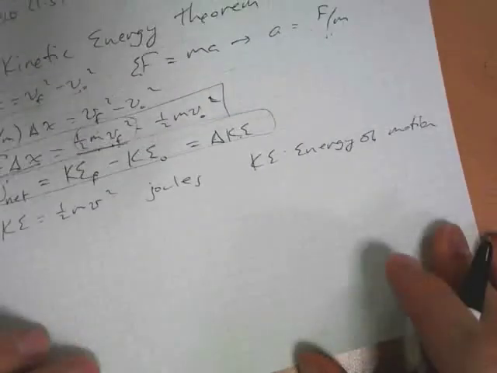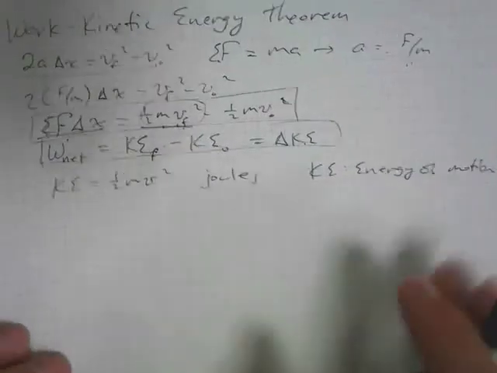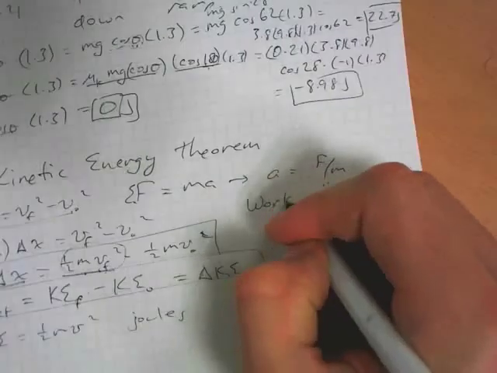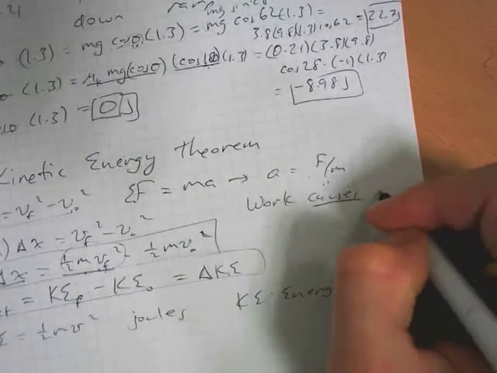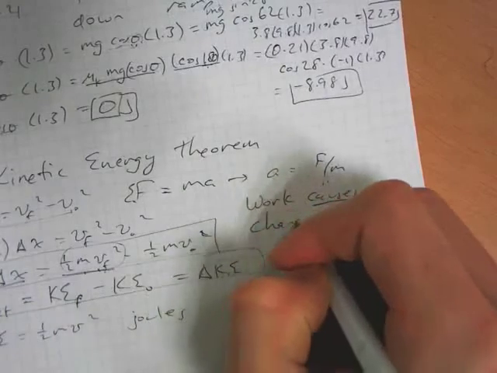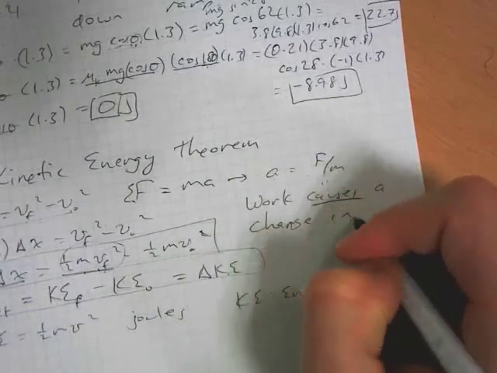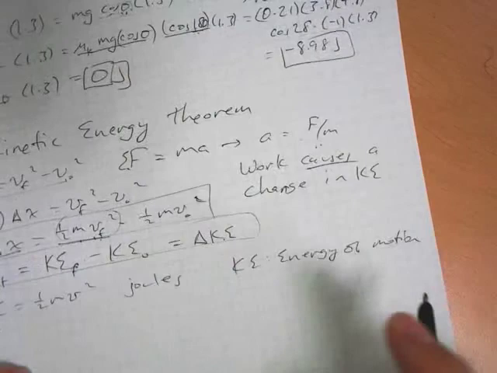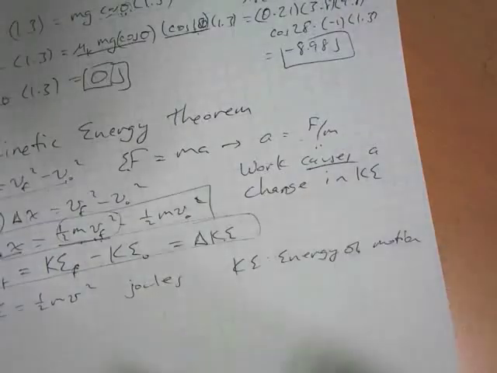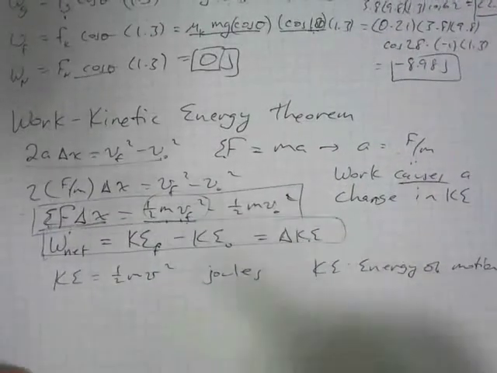It's the energy that you have because you are moving. So work causes a change in kinetic energy. Kinetic energy is something an object has. Work is something done to an object.